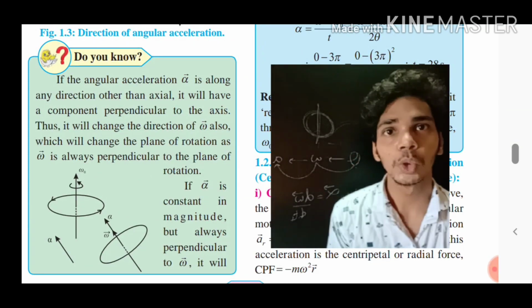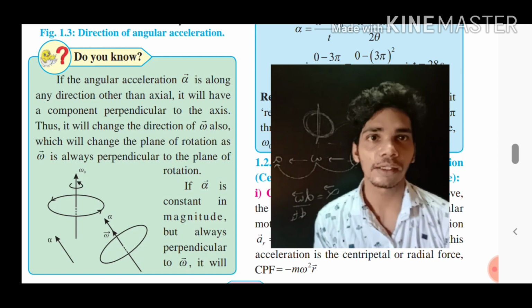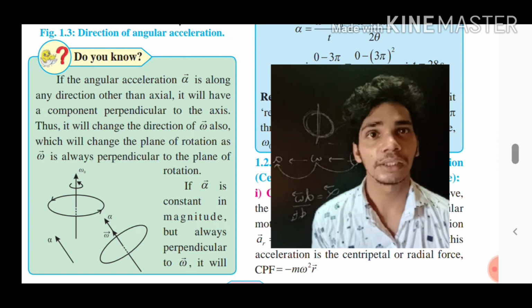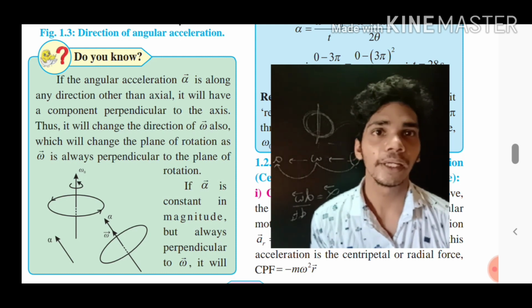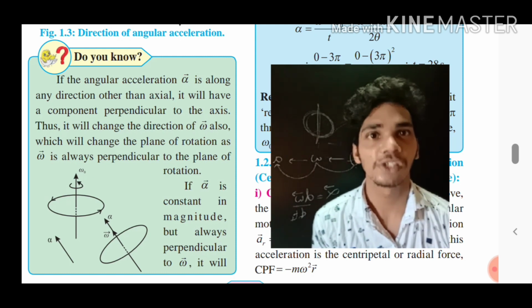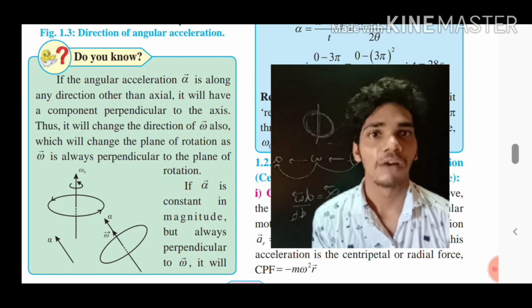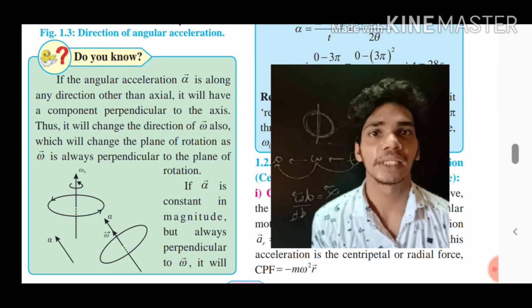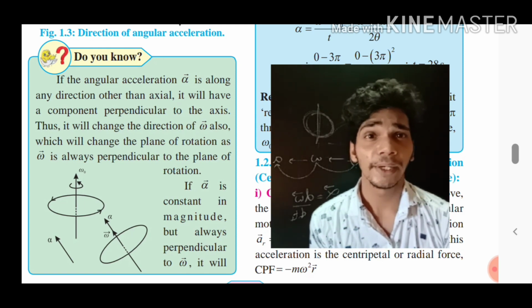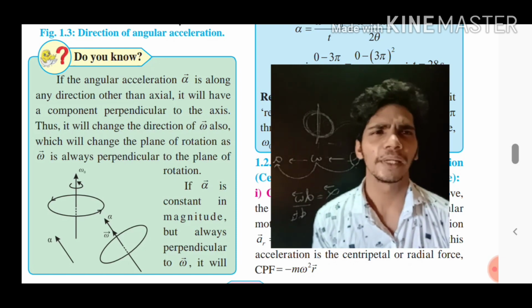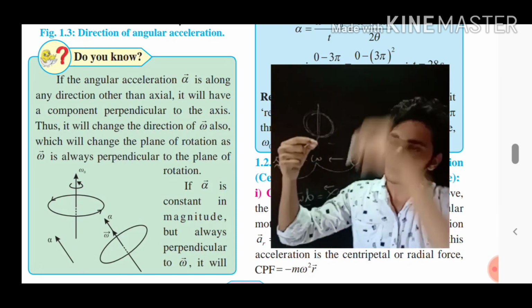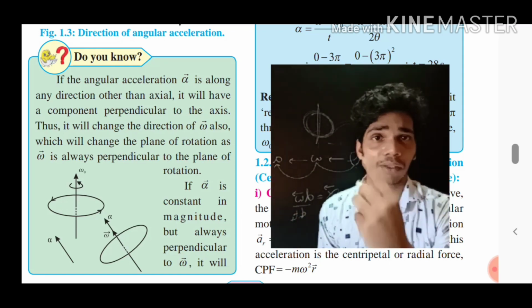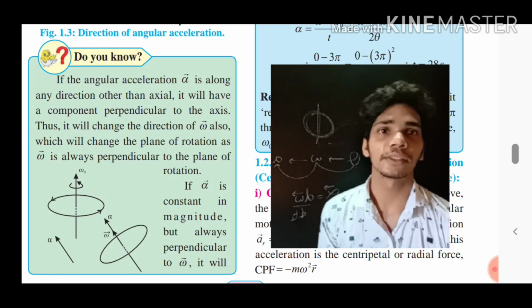Achha, there is one thing, do you know that if the angular acceleration is along any direction other than the axis, it will have a component perpendicular to the axis, thus it will change the direction of omega also, which will change the plane of rotation, as omega is always perpendicular to the plane of rotation. What is a plane of rotation? If any object is moving like this, the plane in which it is actually rotating is called the plane of rotation.